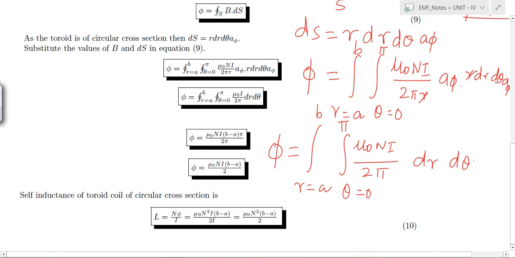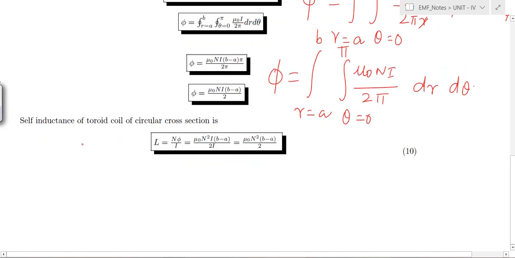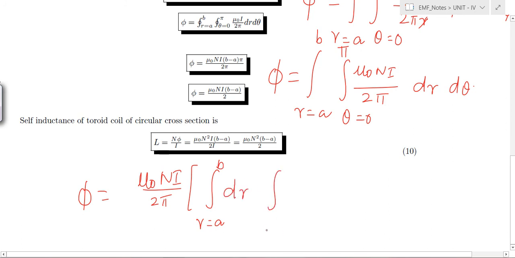Separating the terms, psi is equal to mu naught N I by 2 pi, integral r from a to b of dr, times integral theta from 0 to pi of d theta.